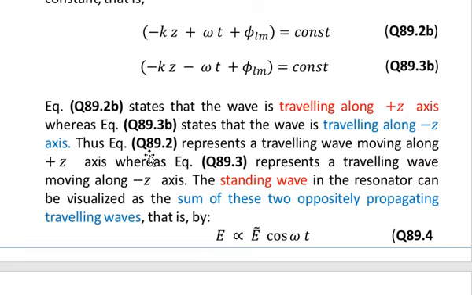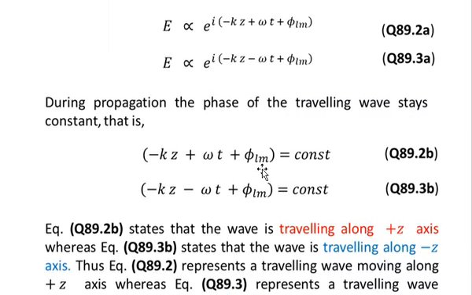Thus, equation number 2 represents a traveling wave along the positive z-axis, whereas equation number 3 represents a traveling wave moving along the minus z-axis. The standing wave in the resonator can be visualized as the sum of these two oppositely propagating traveling waves. That is why we can write that E is proportional to E prime cos of omega t.